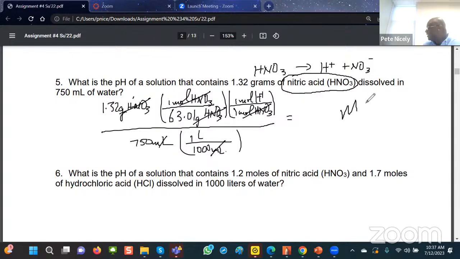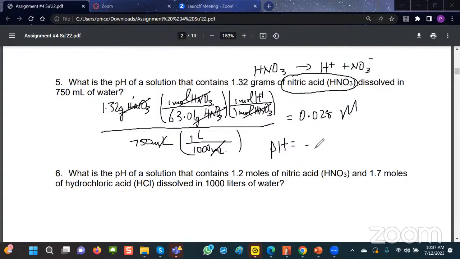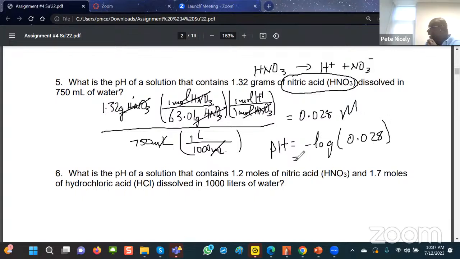When I did that calculation, I got 0.028 M. So how do we find the pH? The negative log of that number. According to my calculations, the answer becomes 1.55. And that's how you do that.